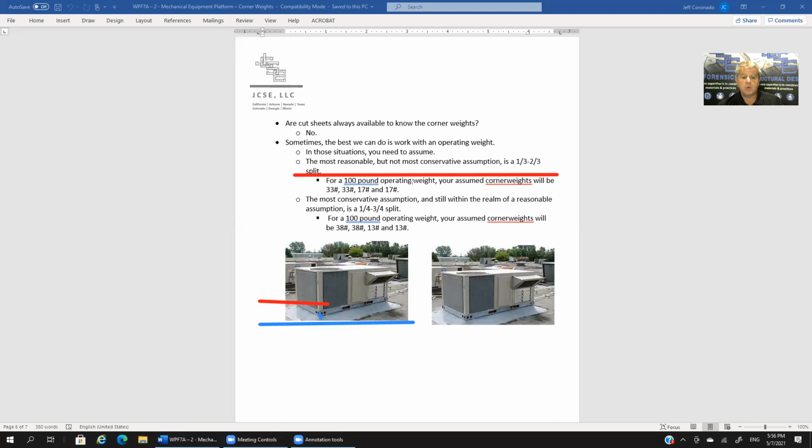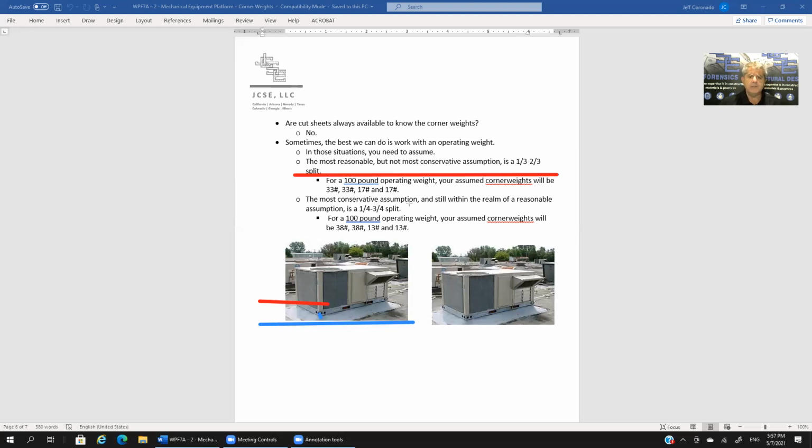We're going to assume that the corner weights are 33 pounds at each of the heavier corners and 17 pounds at each of the lighter corners. The total of that is 100 pounds, but you'll notice we're not assuming 25 pounds at each corner. We're assuming that 2/3 of the weight of the unit will be on one side and 1/3 on the other side, and then that's equally distributed between the two corners.